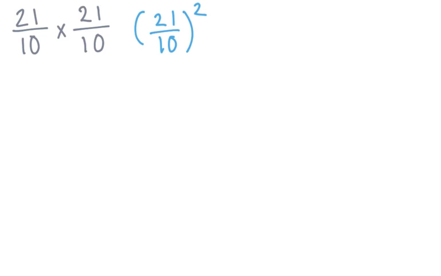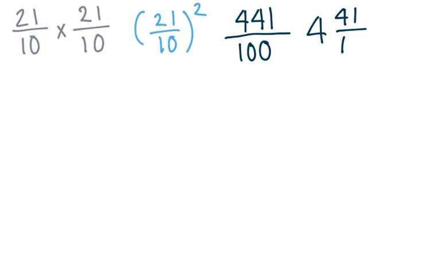And then in standard form, it is 441 100ths. And if your test, quiz, problem set, whatever you're working on doesn't say to simplify, you can leave it like that. Perfectly fine. If it says to simplify, then you need to remember to simplify. And our simplified answer is 4.41.